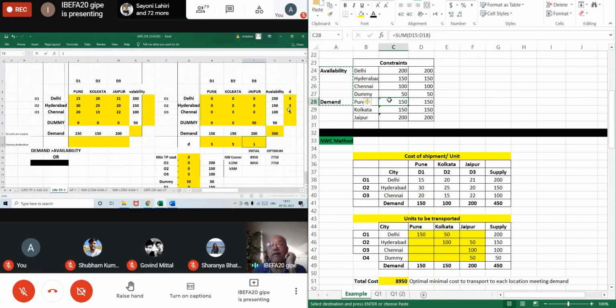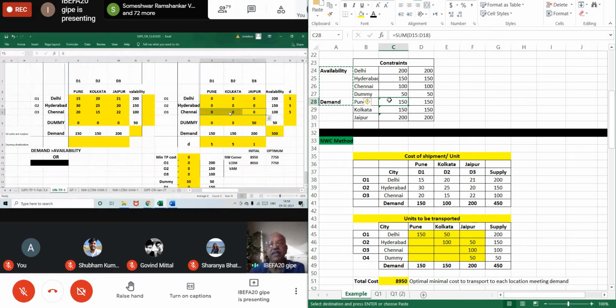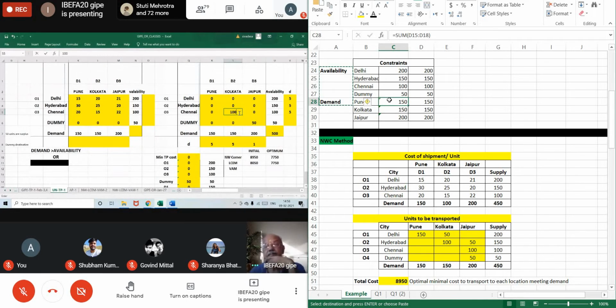So the maximum is 5. Which one can I take? Any of them, so any 5 you can choose. Everybody's answer may be different. Doesn't matter. I will choose this 5, and the minimum cost is this one, 15. So 100 units I can give.